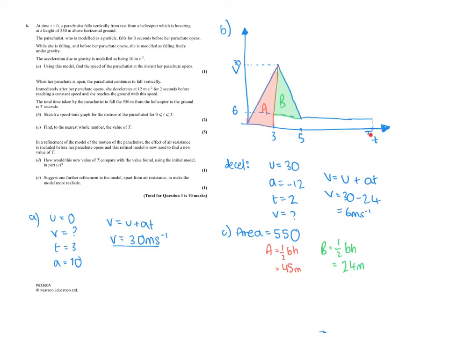And then we've got this section here, which has a height of 6, because that's the constant speed, and it has a length of t minus 3, because the whole length is t, but we're starting at 3. So the area of C is 6 times t minus 3.